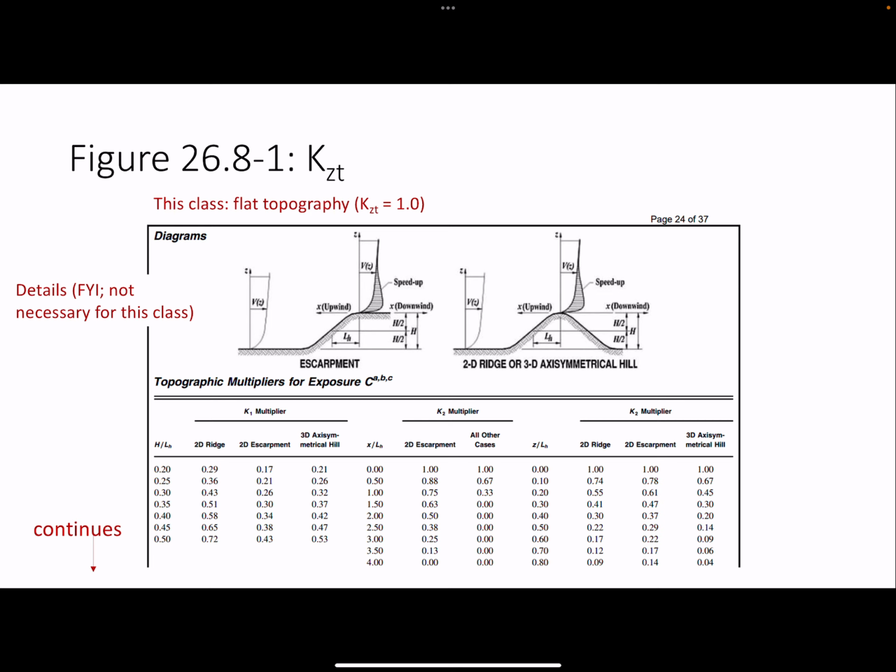And then you'd have to determine another multiplier, K2, which is based on X over LH, where X is the upwind distance to where your building is located. And then you've got Z over LH, where Z is the distance above the ground. So this K3 factor will vary with height of the building, and the other factors will vary with other different characteristics of the topography related to your building.